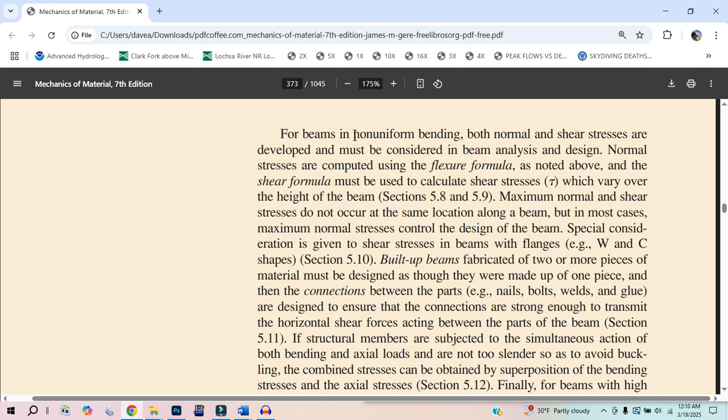But uniform bending is where you're taking that ruler and twisting both sides. Non-uniform bending is that cantilever on the wall. You have shear forces. For beams in non-uniform bending, both normal and shear forces are developed and must be considered in beam analysis and design. Shear forces have this idea of shear pressure, even though it's not synonymous with the pressure of water.